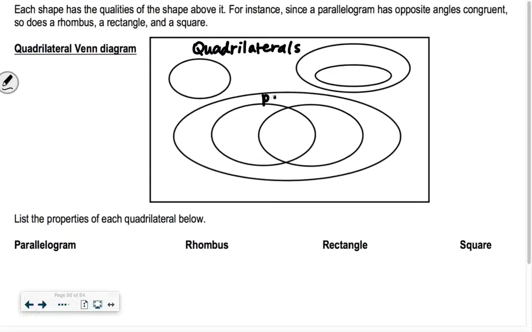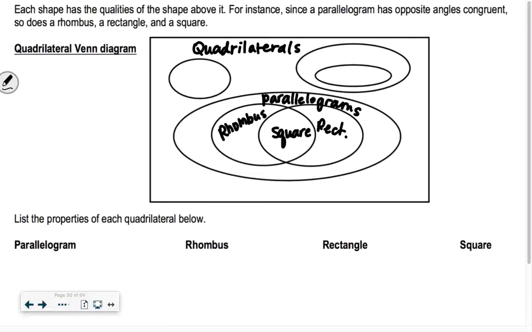Bottom, exactly. This is going to break into parallelograms. And then parallelograms break into rhombus and rectangle. And together, rhombuses and rectangles make a square. Right, so we have all that portion filled out.